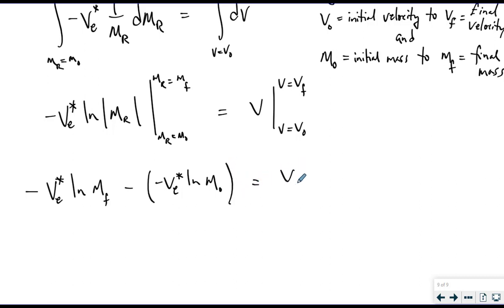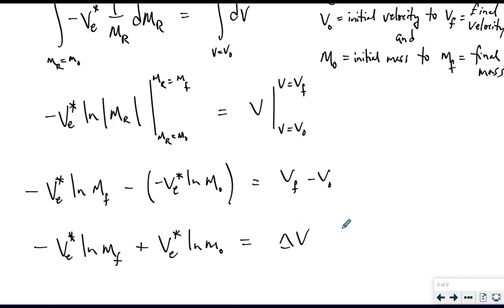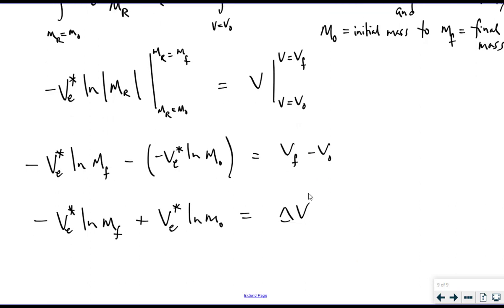And this would be final velocity minus initial velocity when you plug in those values. So we can write this as minus ve star ln final mass, plus ve star ln initial mass. And this can be written as some change in the velocity, delta v.